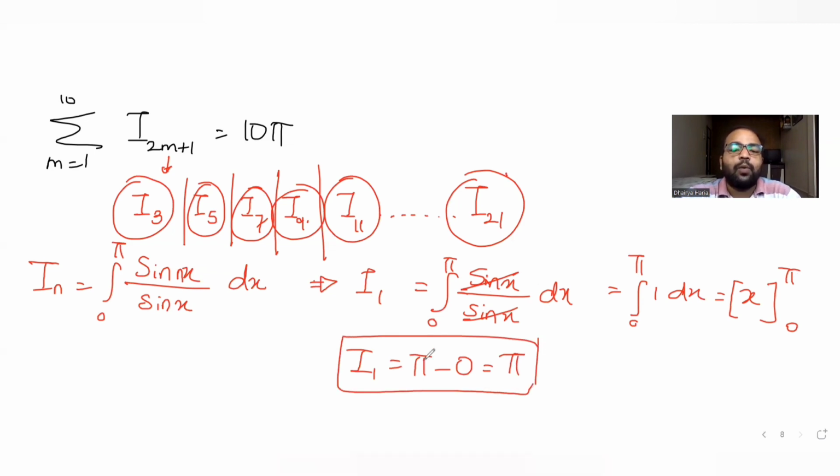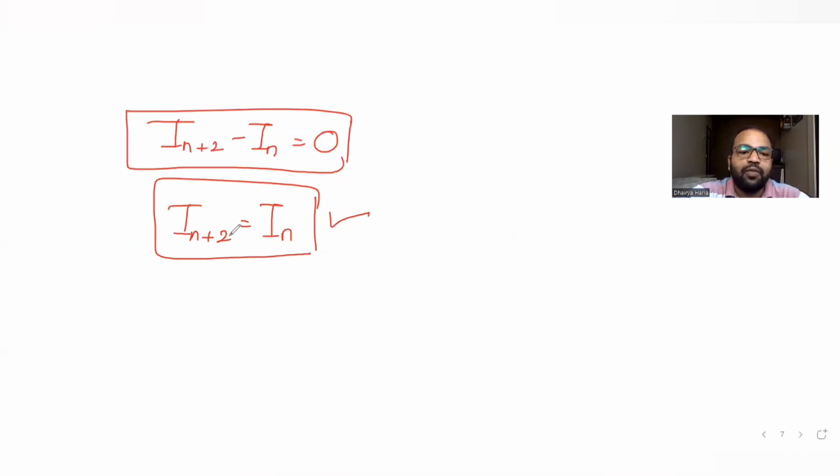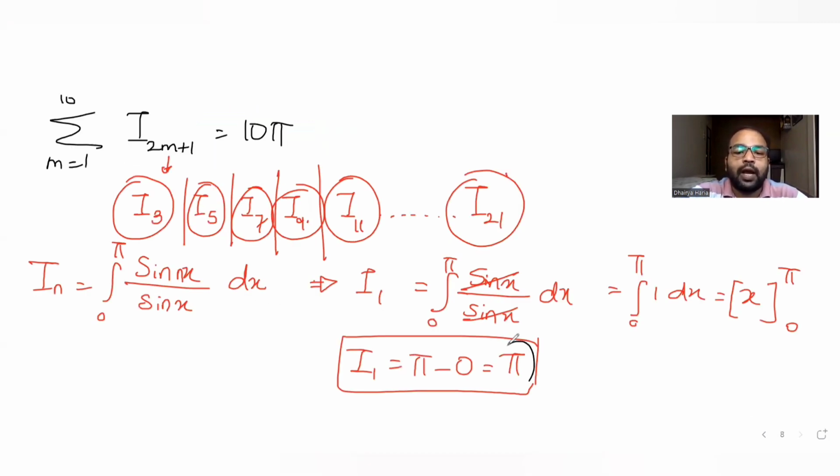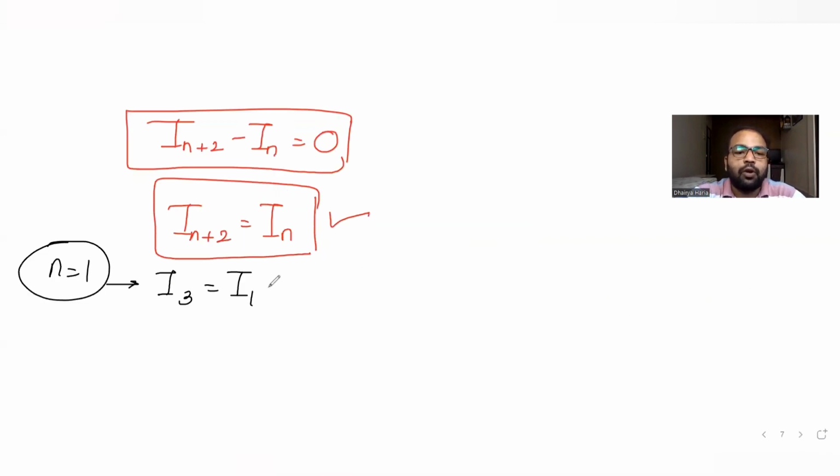Now once you get I_1 equal to pi, you also know from before that I_(n+2) is equal to I_n. So if you put n as 1, you get that I_3 is equal to I_1, and since I_1's value is pi, I_3 also becomes pi. Simultaneously, if you put n as 3, I_5 becomes equal to I_3, which is again equal to pi.